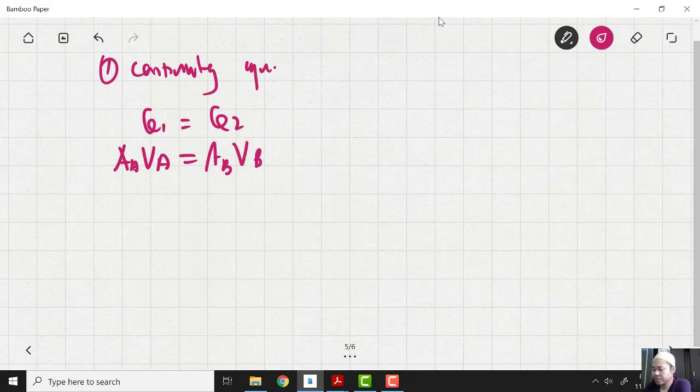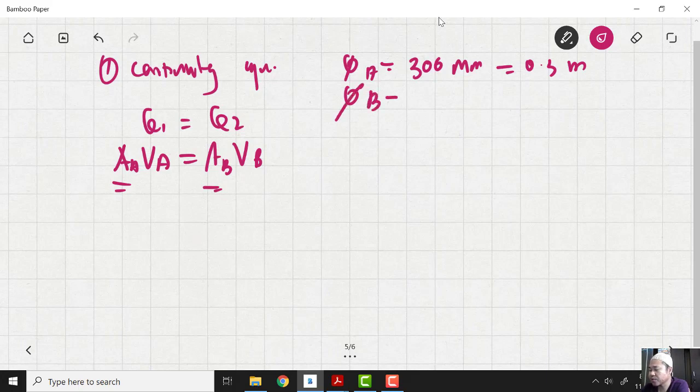The areas are given to us because they have already given us the diameter at point A, 300 mm or 0.3 meter. They also gave us the diameter at point B, 200 mm equal to 0.2 meter. What is unknown to us is VA and VB.